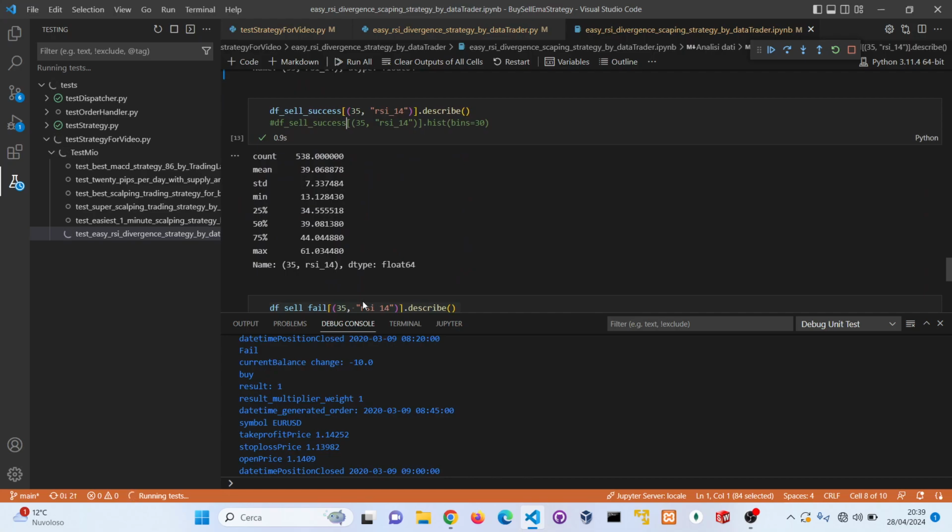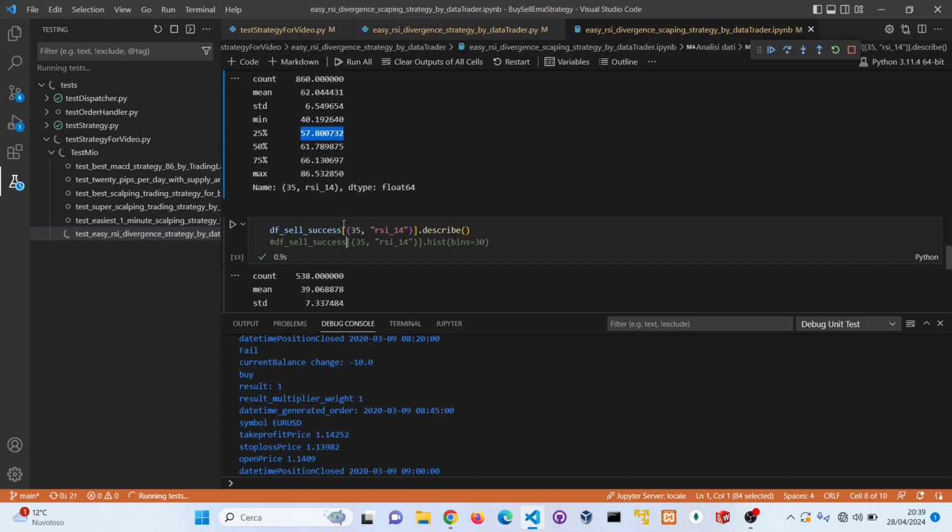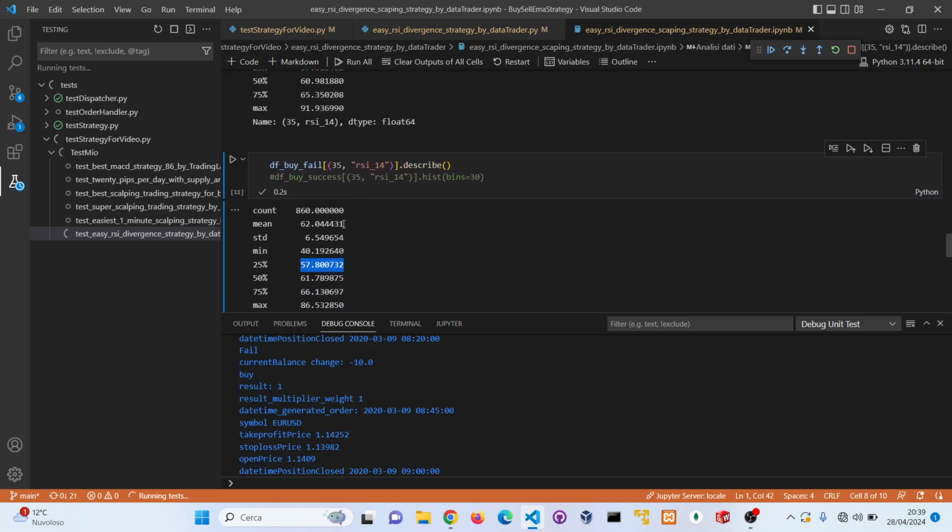Oh, sorry, I want you to check this quantile, because if you try to take trades below 65.35, you would have more success trades, not the first quantile, the third quantile, sorry.